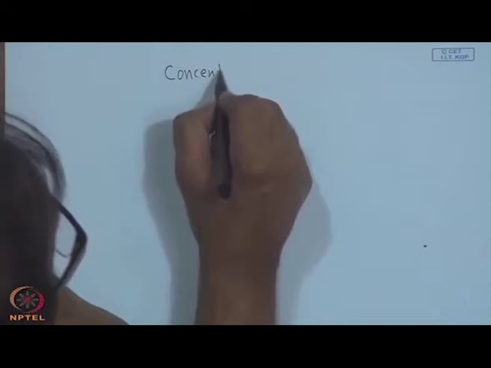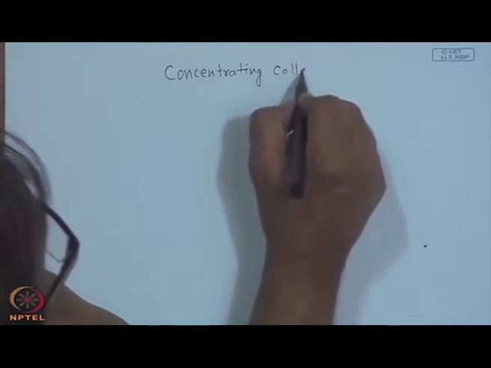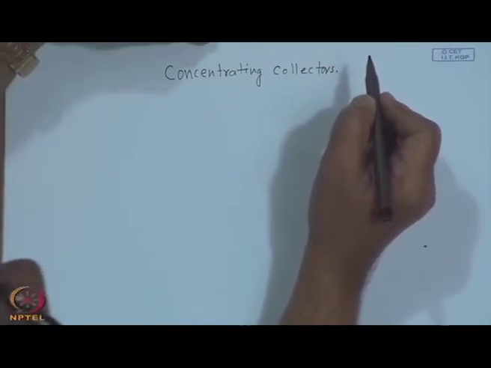So, we go on to the next topic of concentrating collectors. We explored improving the efficiency or the operating temperature for the flat plate collectors through one or two or more glass covers, better insulation and even evacuation, though it may or may not be practicable to have a completely evacuated flat plate collector.